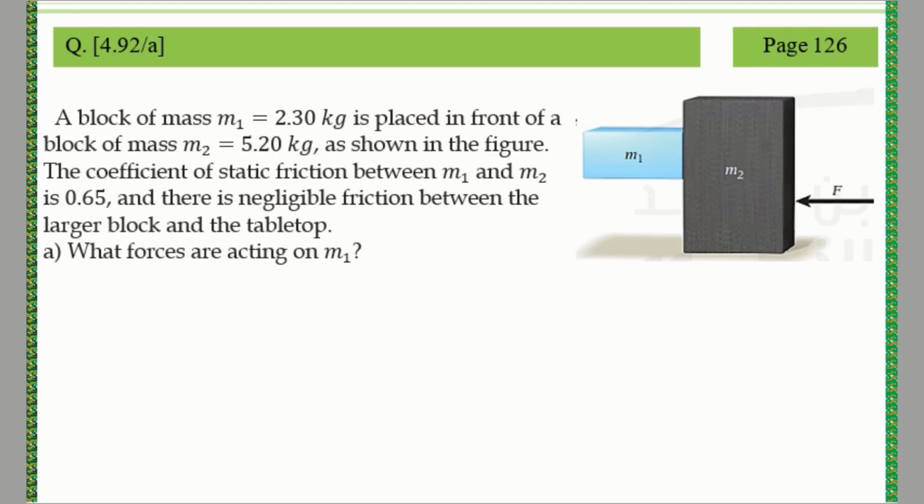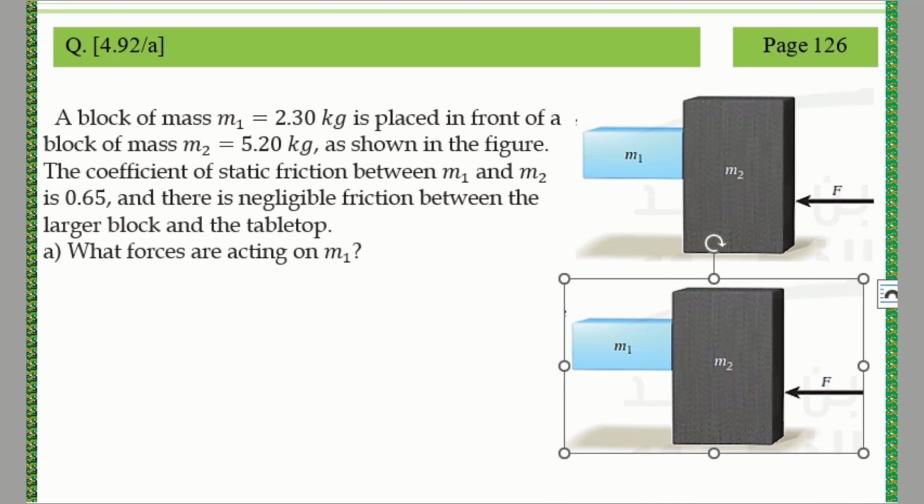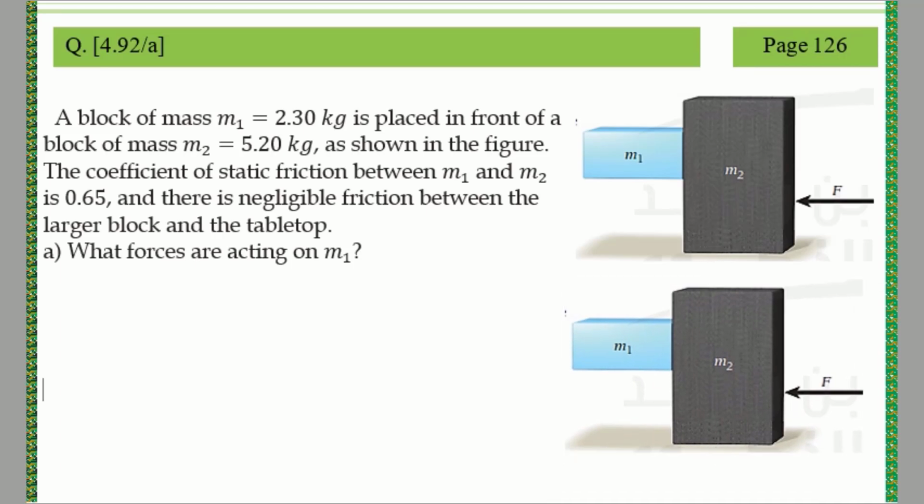We need to find the forces acting on M1, so we need to draw the free body diagram for M1. If you go to this figure, you see that there is a force pushing M2 here. So M2 will push M1 with a force.